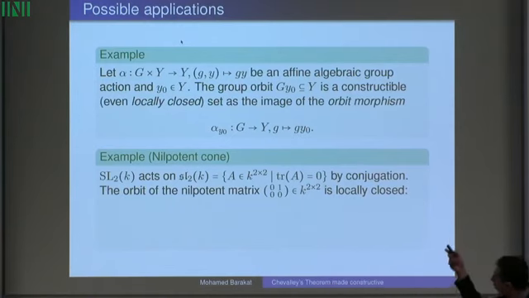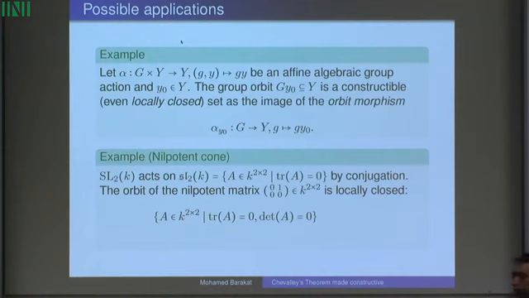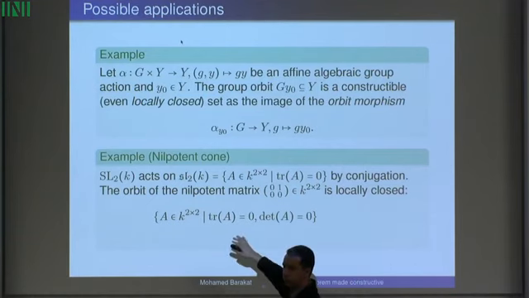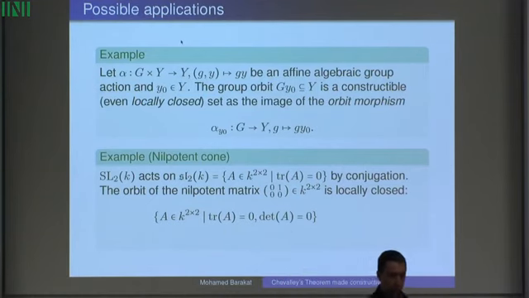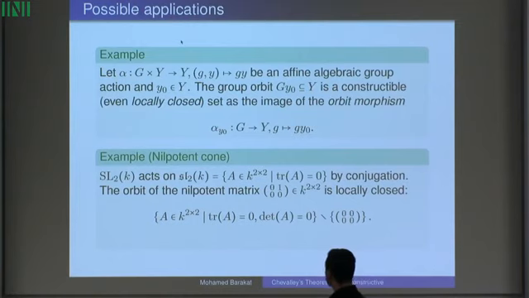And you know, by this application, that the orbit is locally closed. Indeed, conjugation does not change the trace, so the trace is 0 and the determinant is 0, and these two will remain. But this is still too big, because the 0 matrix fulfills this. If you remove the 0 matrix, you get precisely the orbit. So here you see on a very simple example that the orbit is locally closed.